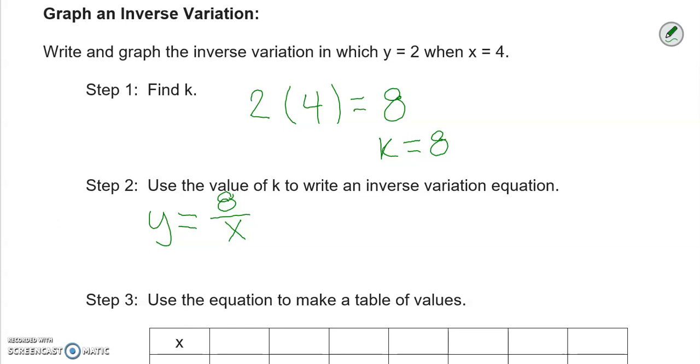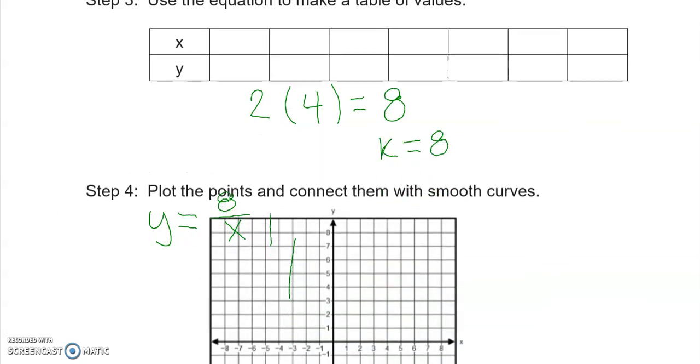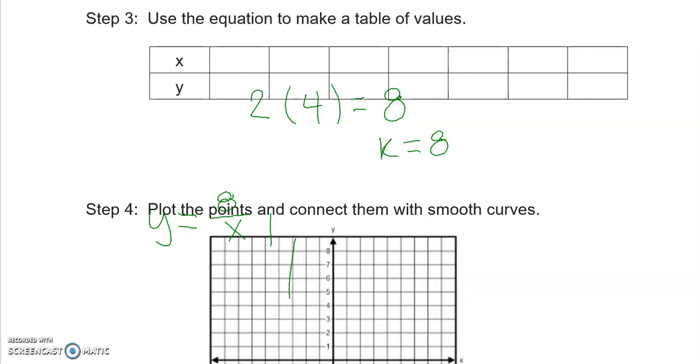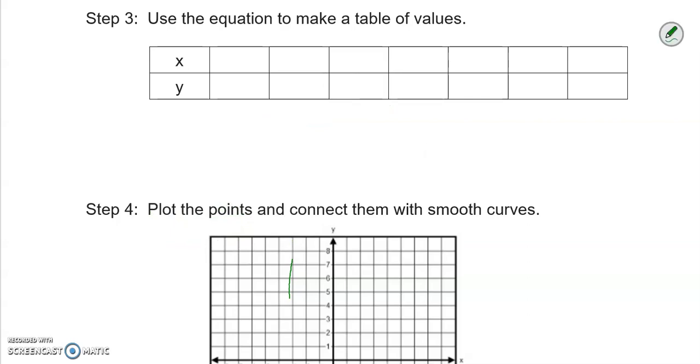So now we're going to use the equation that we just made to fill in a table of values. We're going to scroll up. So now that we know our equation, y equals 8 over x, I'll rewrite it over here.